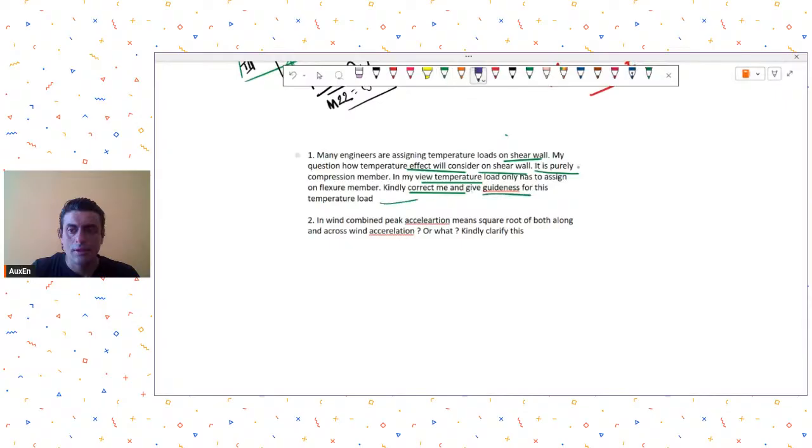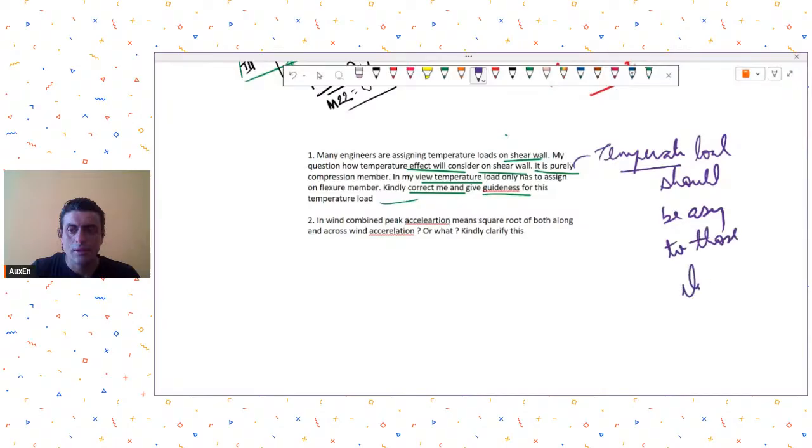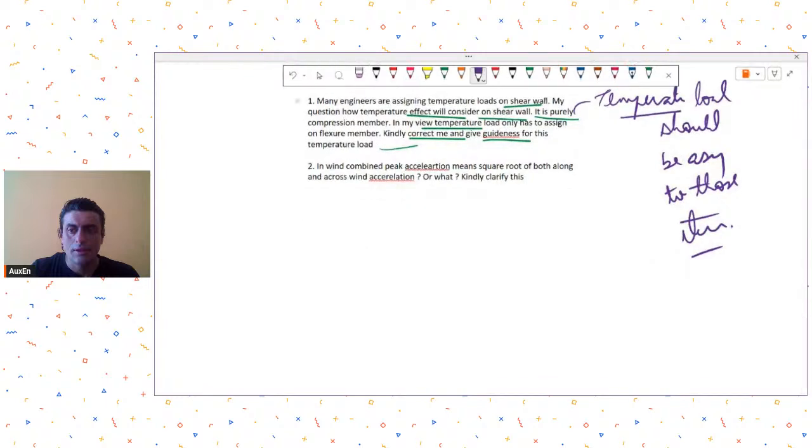See, temperature load should be assigned to those elements which are supposed to be exposed to the changes in atmospheric temperatures. So, in my opinion, temperature load should be assigned to those elements which are exposed to the changes in temperature.